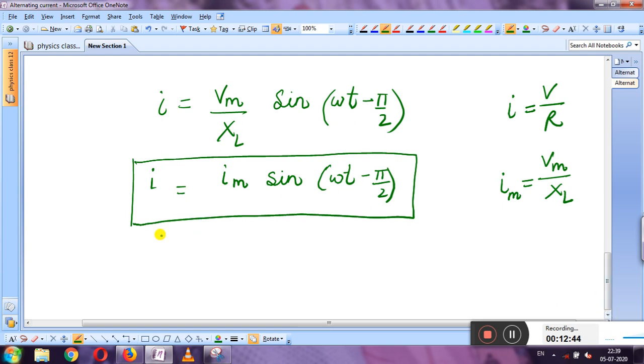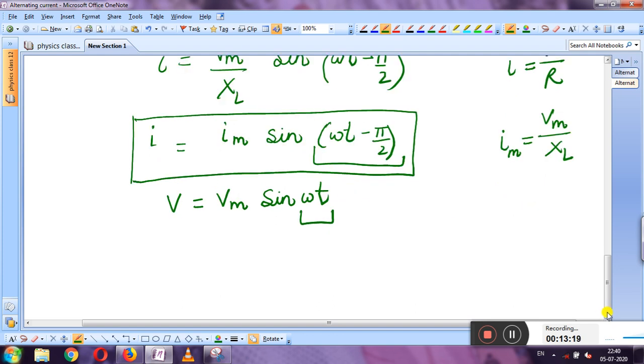After this, the equation for the instantaneous value of alternating voltage is V is equal to Vm sine omega t. Now if you look here, in the case of V we have phase omega t, and in the case of I we have phase omega t minus pi by 2. That means the phase of current is less than omega t by pi by 2.